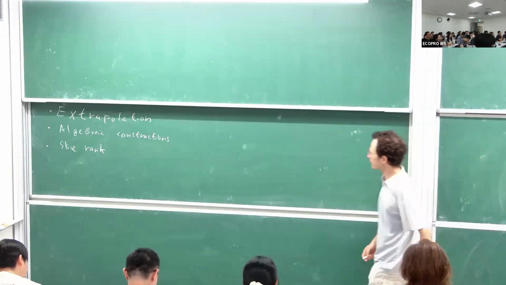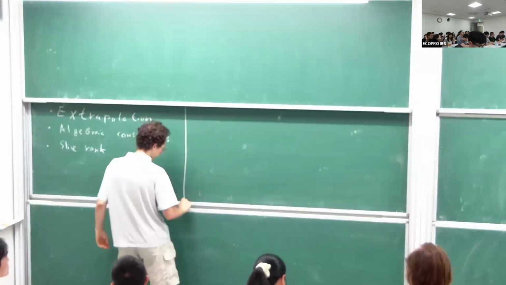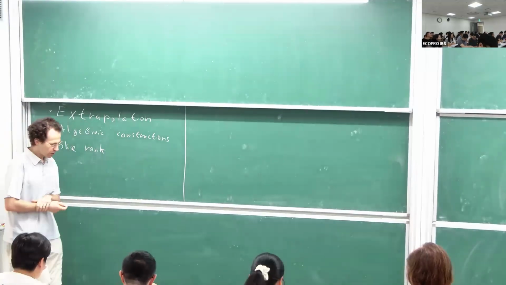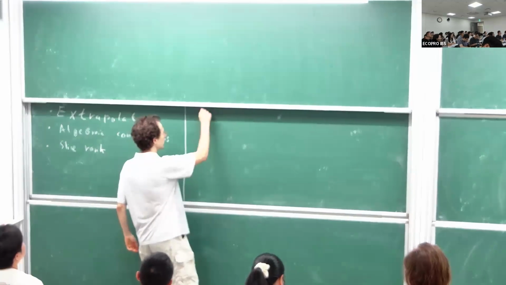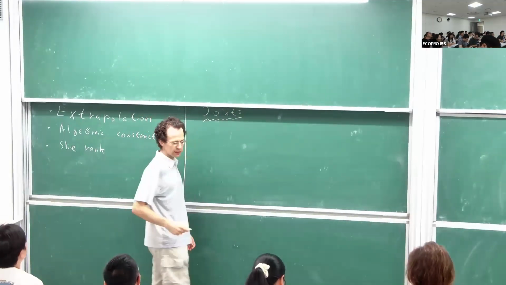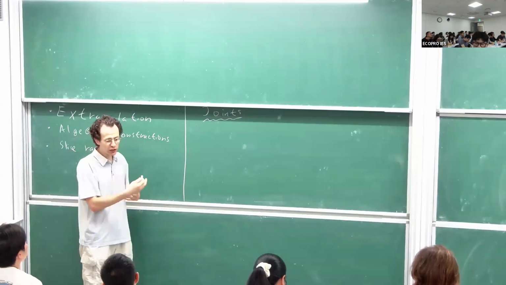Okay, so let's start with the extrapolation part. I want to start this story with the problem of joints. First of all, let me tell you what a joint is. The setting is a problem in discrete geometry.